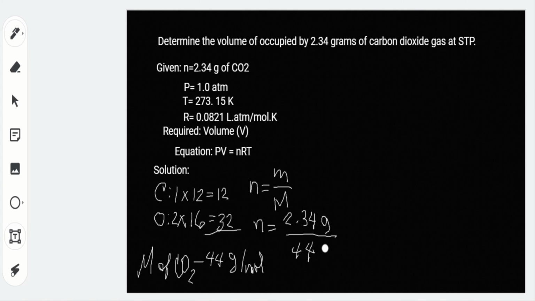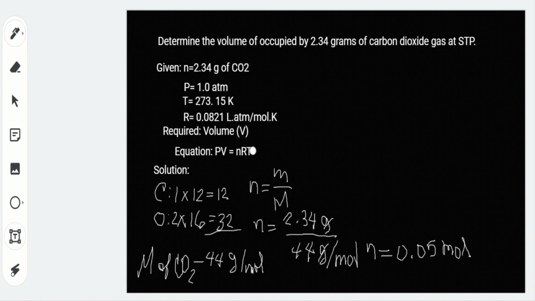Okay, 44 grams per mole. Okay, so makakancel yung grams na unit. So 2.34 grams divided by 44 grams, our amount of gas in moles is equal to 0.05 moles. Okay? So since na-convert na natin yung ating amount of gas from grams to mole, we can now substitute it here in our equation.